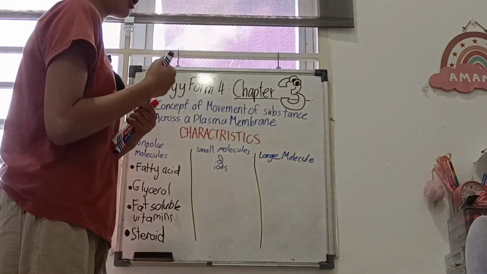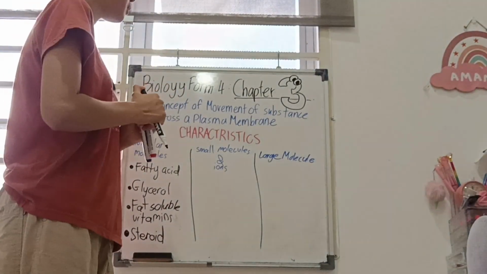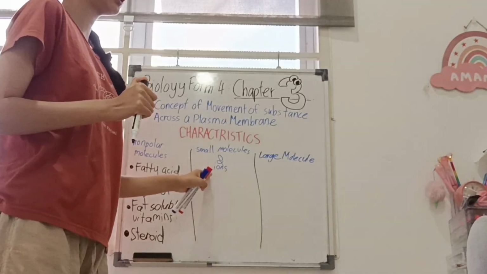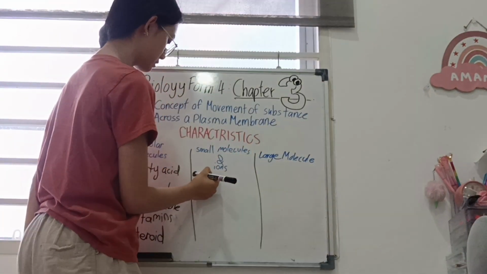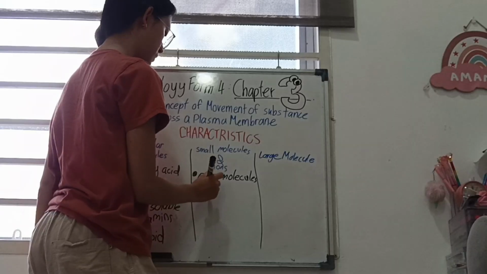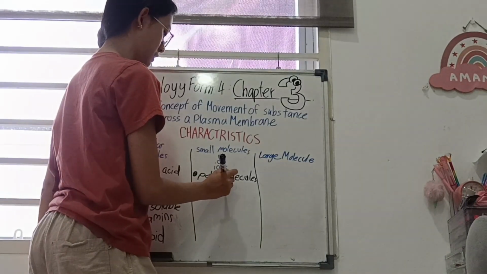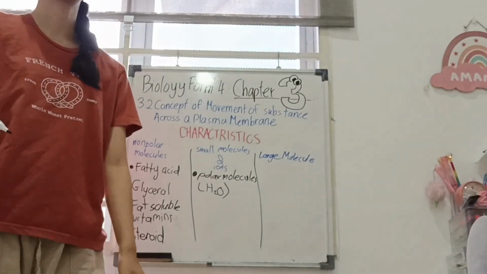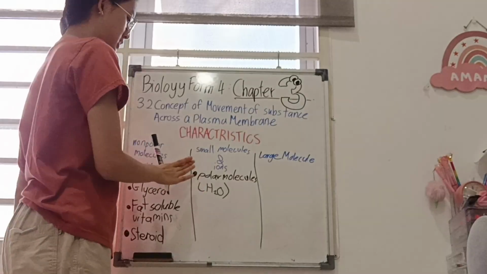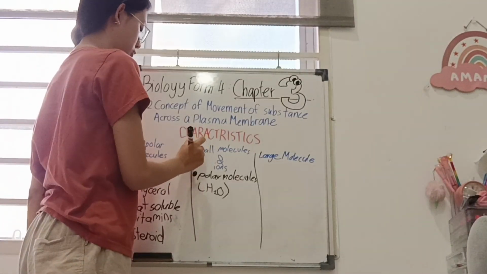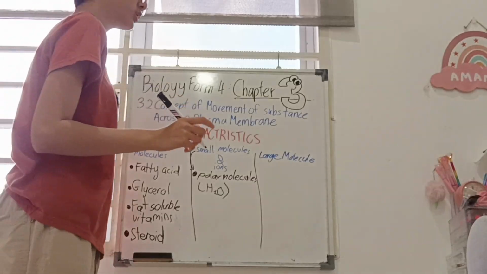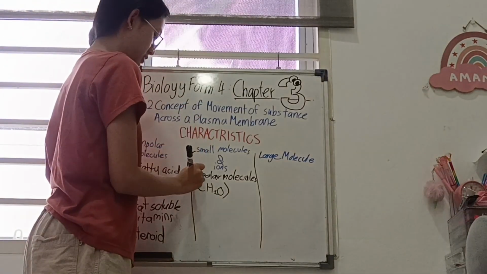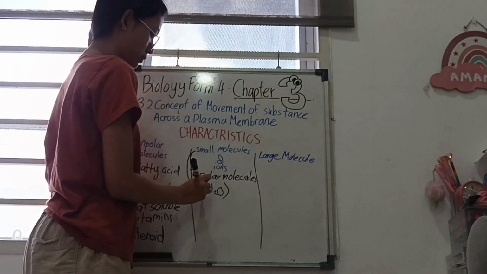Next, examples of small molecules and ions. The first one is polar molecules. One example of polar molecules is water. It is a small molecule, by the way. Another small molecule is one that is non-polar.